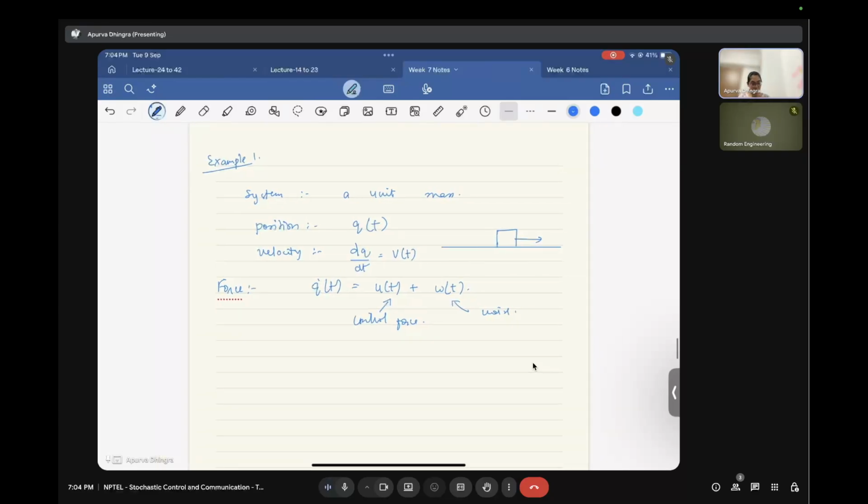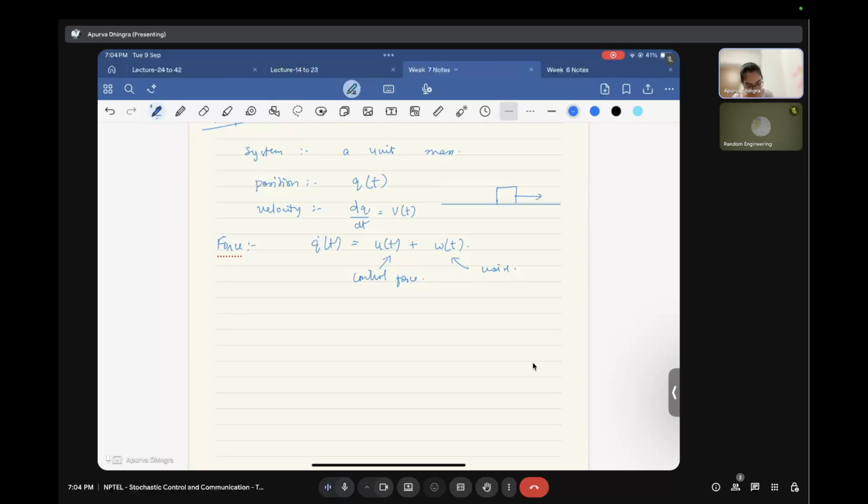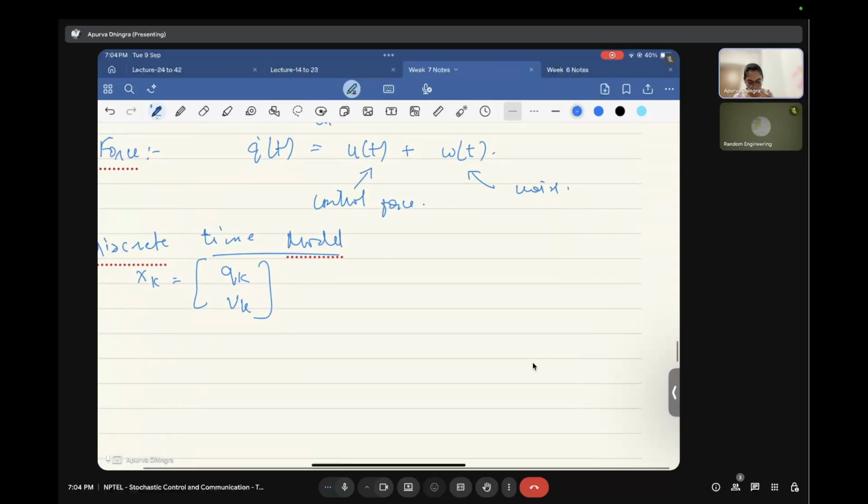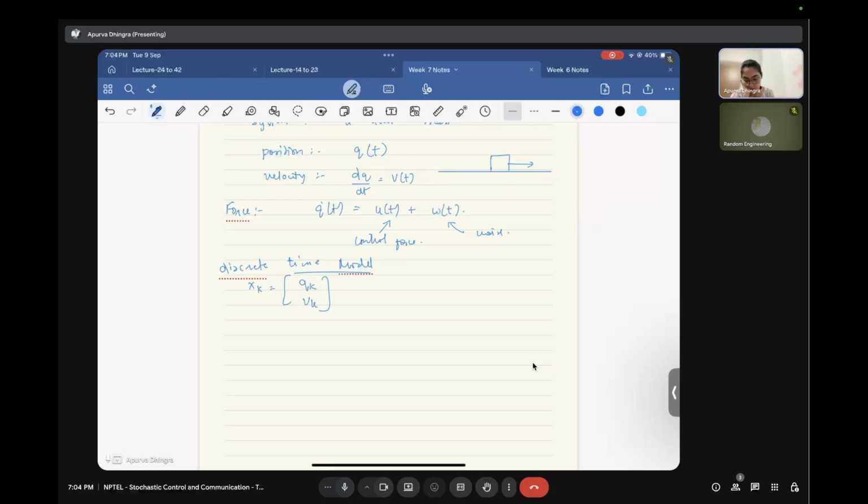Now if I were to write this as a discrete system, I'm not gonna talk about how to get that. This is very standard stuff, so if you're interested you could look up how to convert the dynamics of a system to its discrete version, but I'm not gonna go through that part. Suppose you have xk, which is the position and the velocity. So let me denote it with qk and vk. So this is the discretized, discrete time model. Then using this particular dynamics, you would get that xk plus 1 would be qk plus 1, meaning the next position and the next velocity.